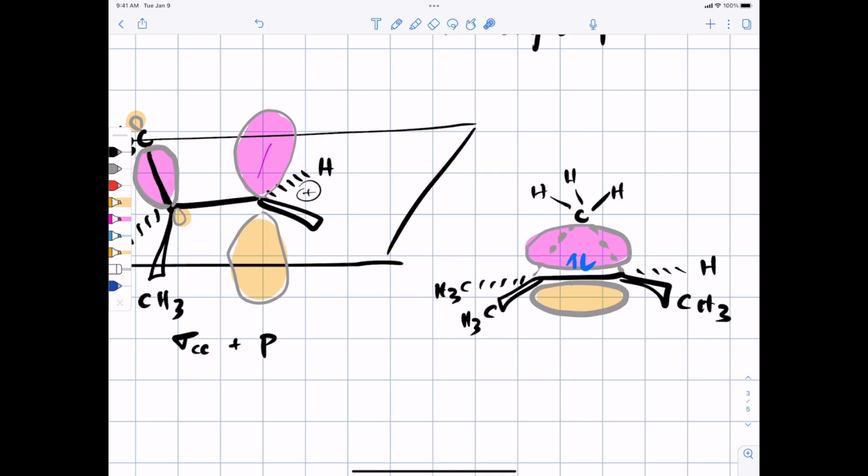Nature doesn't care what we call them. You can calculate the energy of this intermediate and calculate what this orbital looks like, and it looks just like that. It's literally like the methyl group takes its electrons and starts leaning over towards the positively charged carbon.